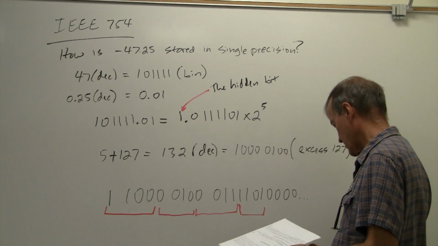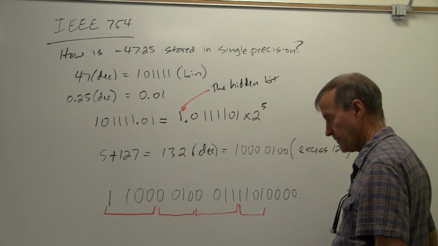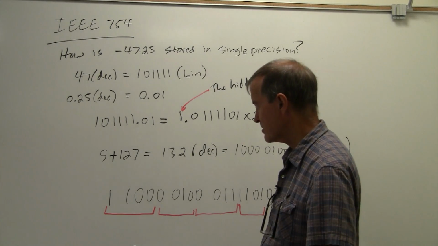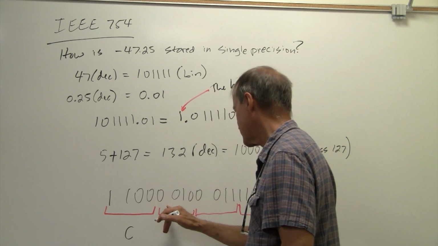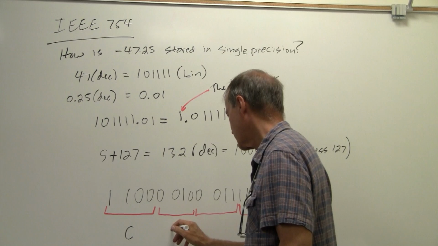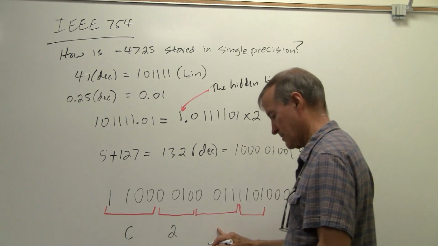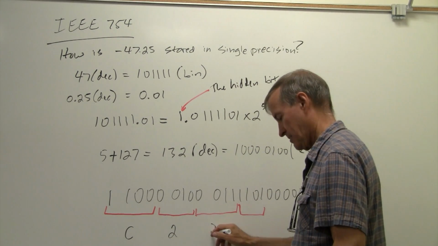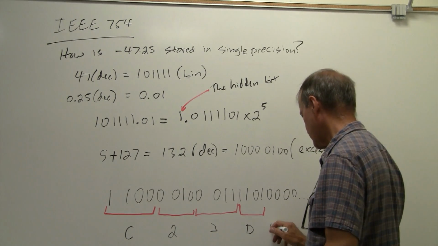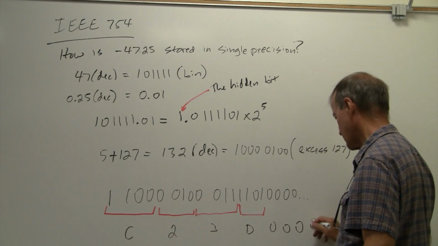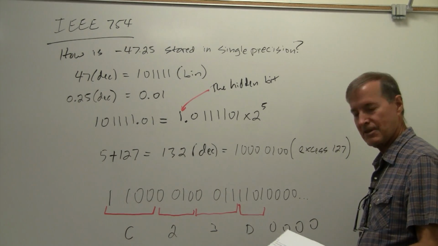So what is this in hex? Do you remember what 1100 is? Yeah, that's C. And then this is 0010? That's just a 2. And then this is 3, and this is D, and then 0000. So there it is in hex.